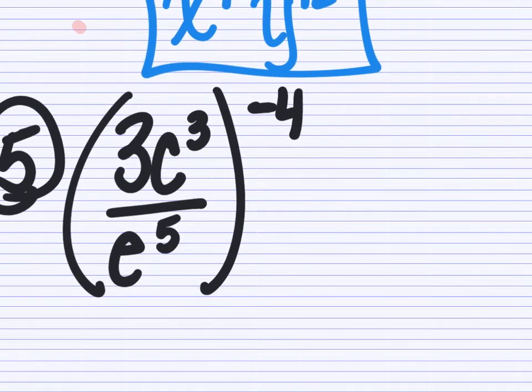Okay. Here, we have this entire thing being raised to the negative 4th power. So you can do one of two things. First of all, what I'm going to do is I'm going to go through here and I'm going to put a 1, because every coefficient has an exponent of 1.